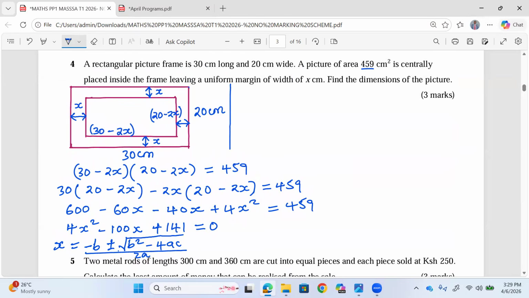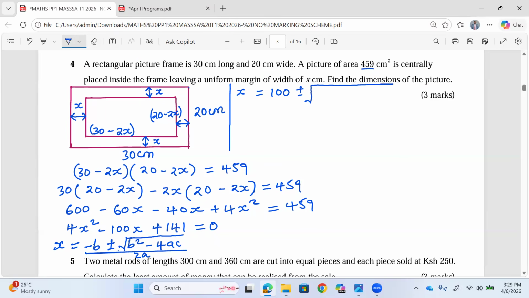Let me use the space at this point. So negative b, the value of b is negative 100. So minus negative 100 will be positive 100. In case it was positive 100, we would have introduced the negative, but now we are introducing a negative where there is already a negative. Plus or minus the square root of b squared.